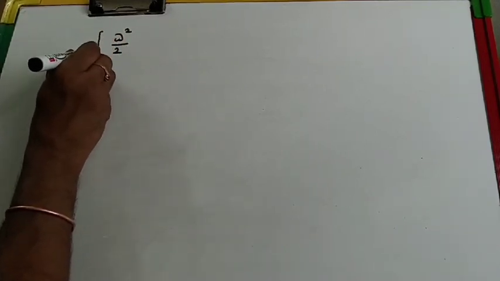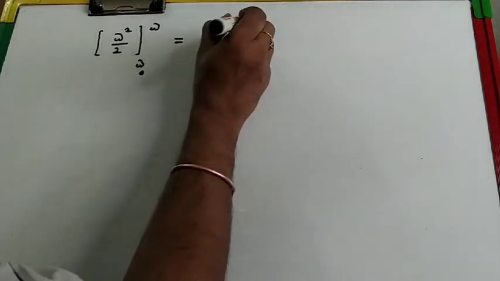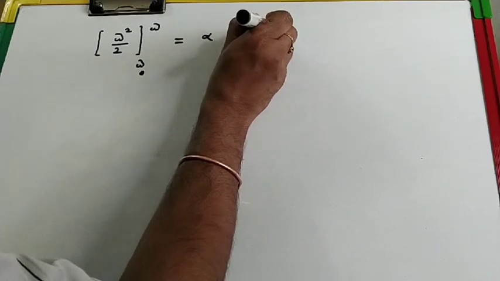Now what is integral of omega? Omega square by 2. What are the limits? The limits are omega naught to omega, is equal to alpha into theta, limits 0 to theta.